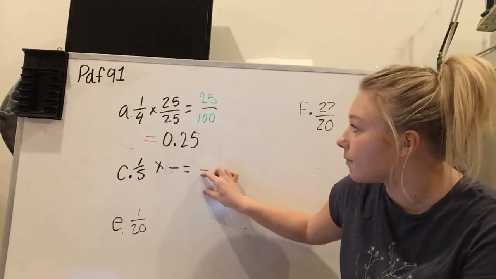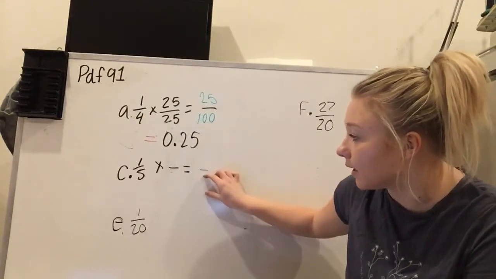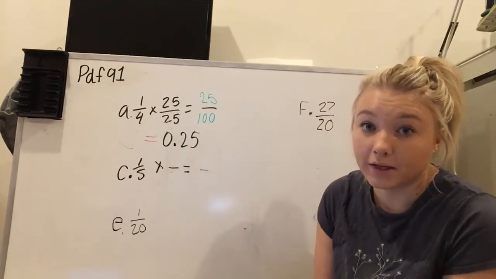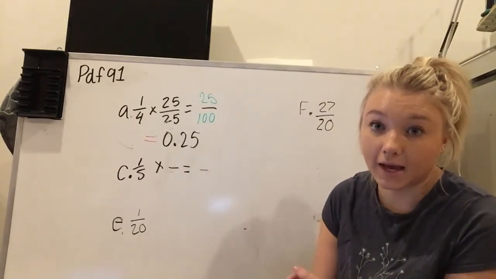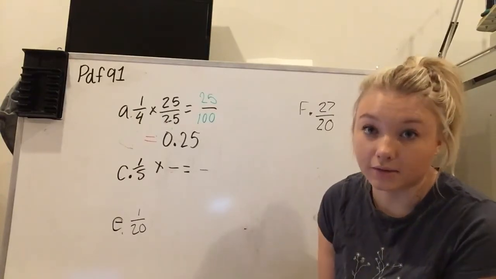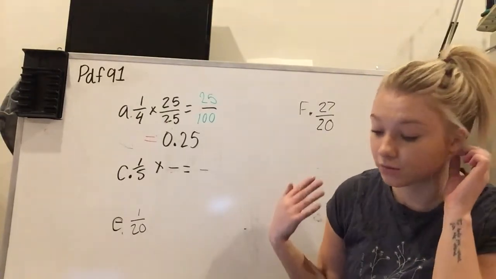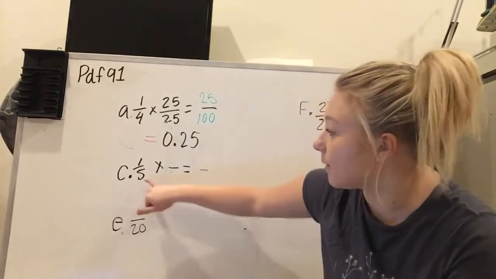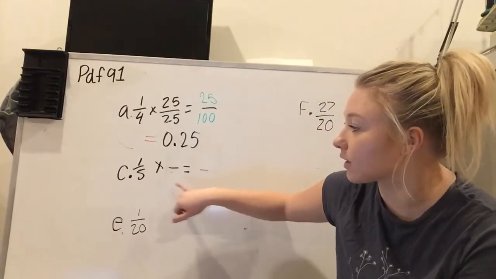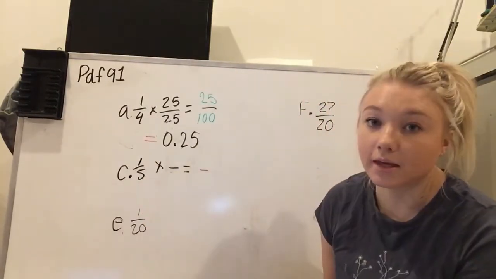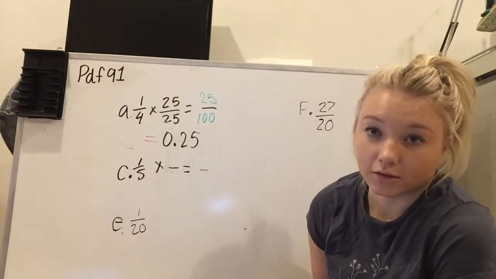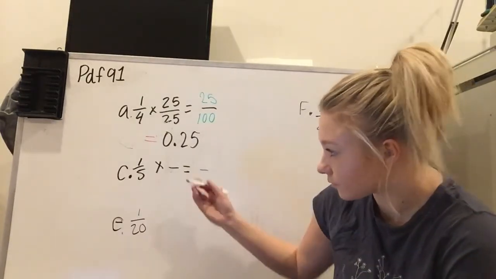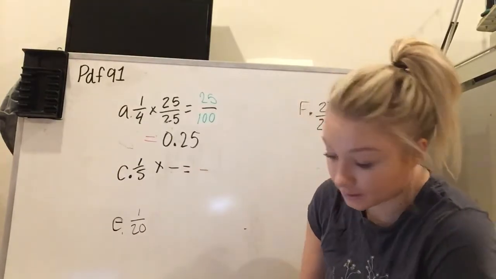So this bottom number needs to be in the tenths place, so 10, hundredths, or thousandths, that's as far as we've gone yet. So 5 times something, the closest we can do is 10, right? So we want to get it into the tenths place.